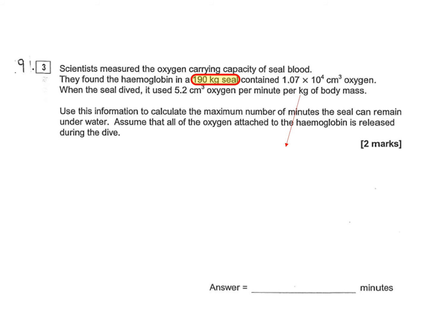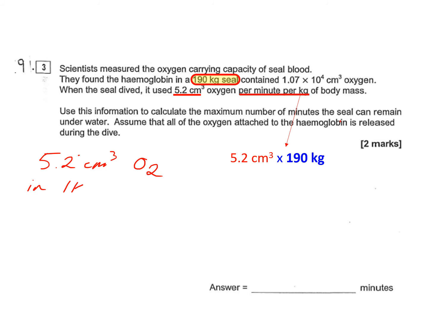So we know this part of the question is going to be really important because it's saying 190 kilogram seal, and then it's saying that this seal used 5.2 centimetre cubed of oxygen per minute per kilogram of body mass. So that's 5.2 centimetre cubed of oxygen in 1 kilogram, and that is 1 minute.